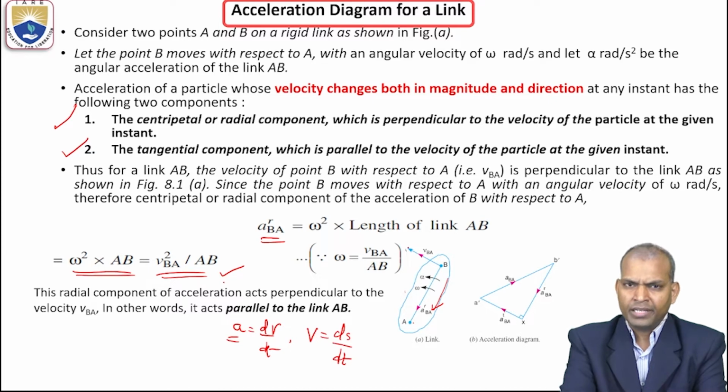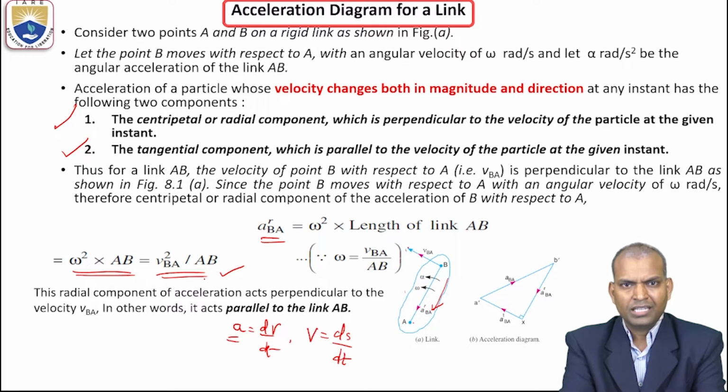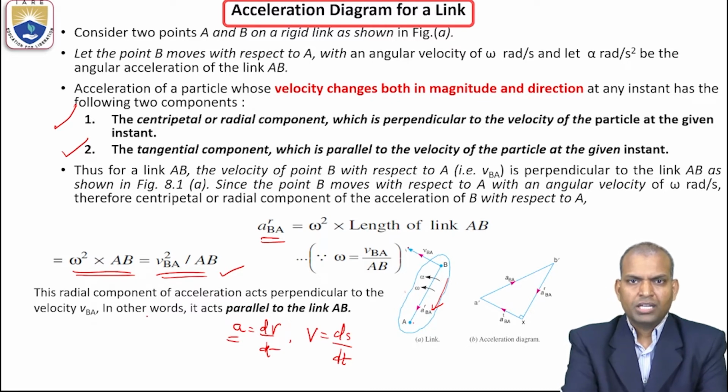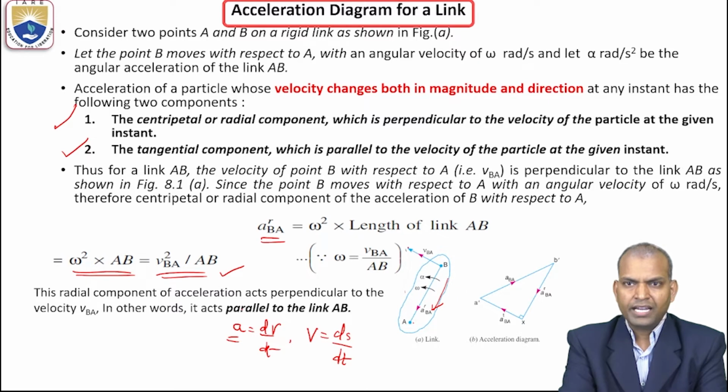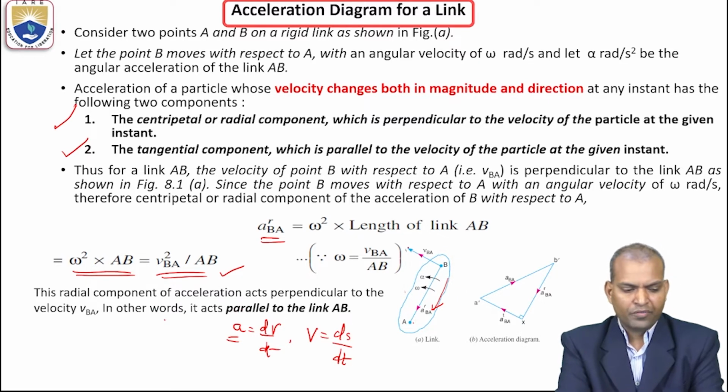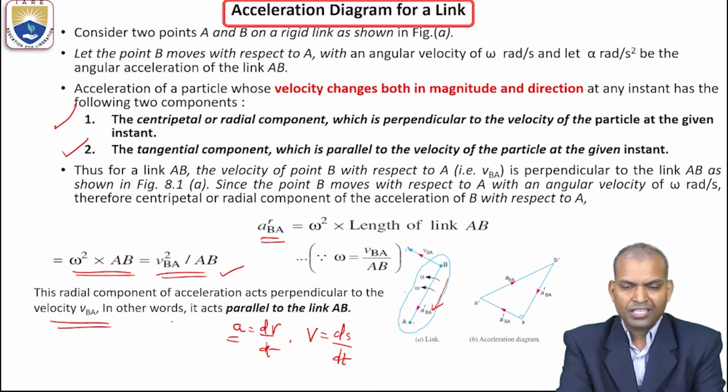The radial component is V square by R. That's it, simple. V is the velocity of the particular link, and R is the length of the link. Next, how does the radial component of acceleration act? It acts perpendicular to the velocity, or in other words, it acts parallel to the link AB.